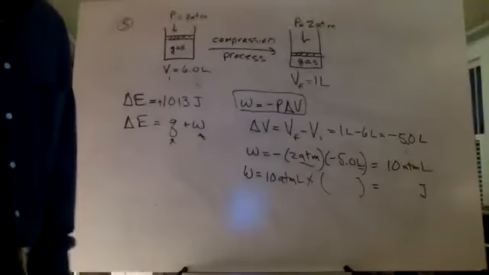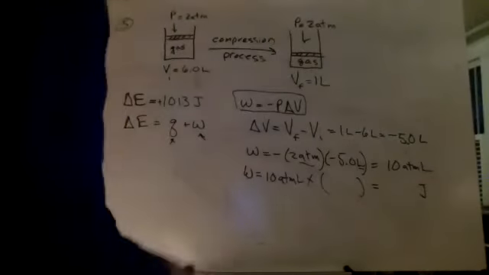So we're going to take our work of 10 atmosphere liters and multiply it by a conversion factor to convert it into joules. And you do not have to memorize this conversion factor. It would be given to you in the problem. You're told in the problem that there are, I think, 101.3 joules for every 1 atmosphere liter.